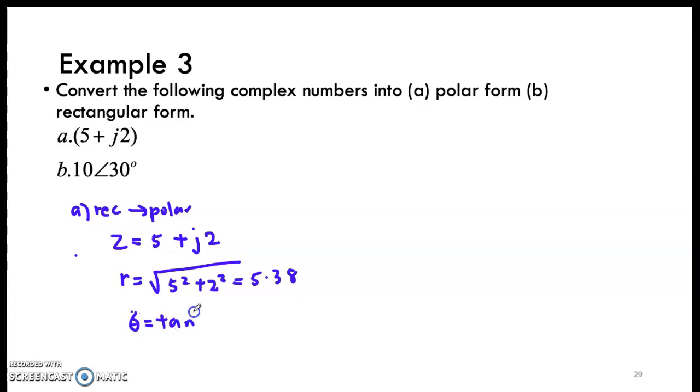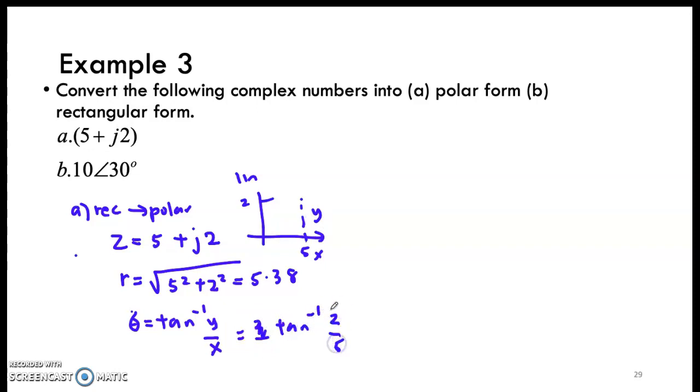So theta is tangent inverse of 2 over 5. Let's calculate: tangent inverse of 2 over 5 is 21.8 degrees. So z in polar form is 5.38 with angle 21.8 degrees. That is part A, rectangular to polar.